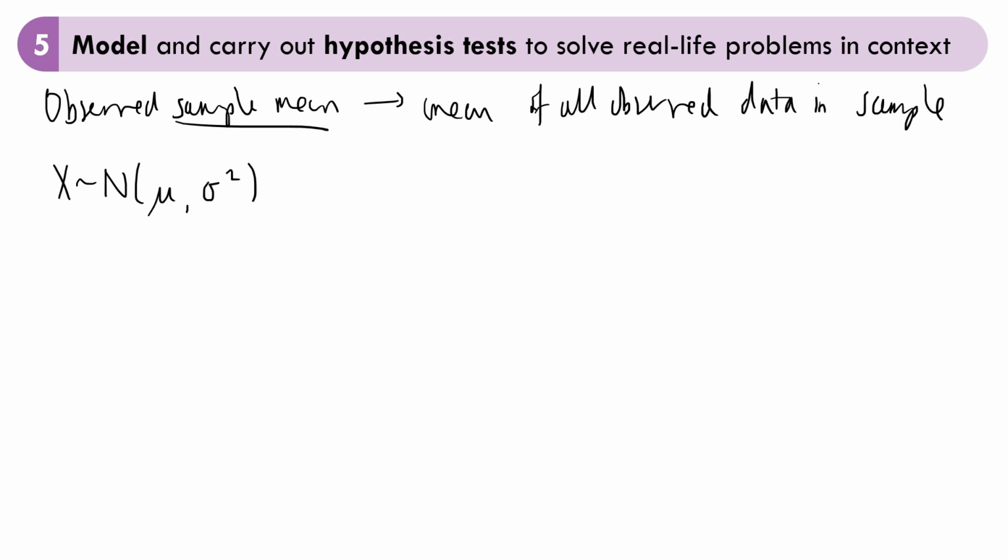then the sample mean, which we write as x bar, is going to be normally distributed with the same mean mu but its variance will be divided by n, where n is the sample size.